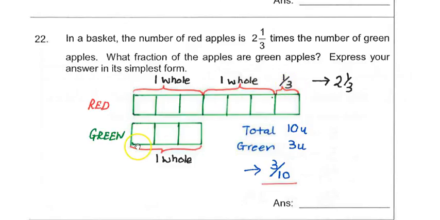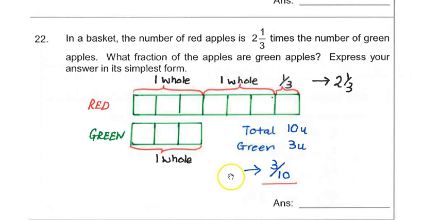For green, the 1 whole follows the red 1 whole, and you also divide it into the common denominator. It means it is 3/3. There are 3 units within this 1 over here. So 3 divided by 3 is 1.